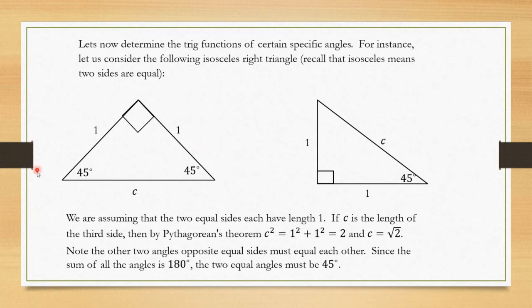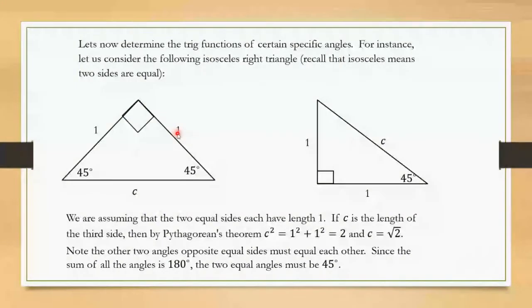I just thought it'd be good, as I've done in the past, to outline how you get certain trig functions from special triangles. For instance, let's suppose we have an isosceles right triangle where both of the equal sides are 1. It really doesn't matter if instead of 1, I called this 2 or 3 or whatever.